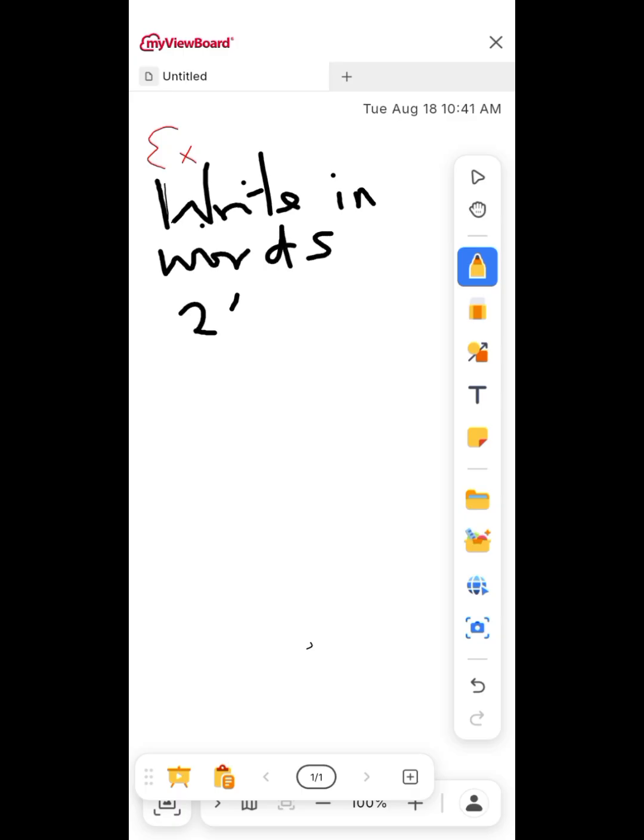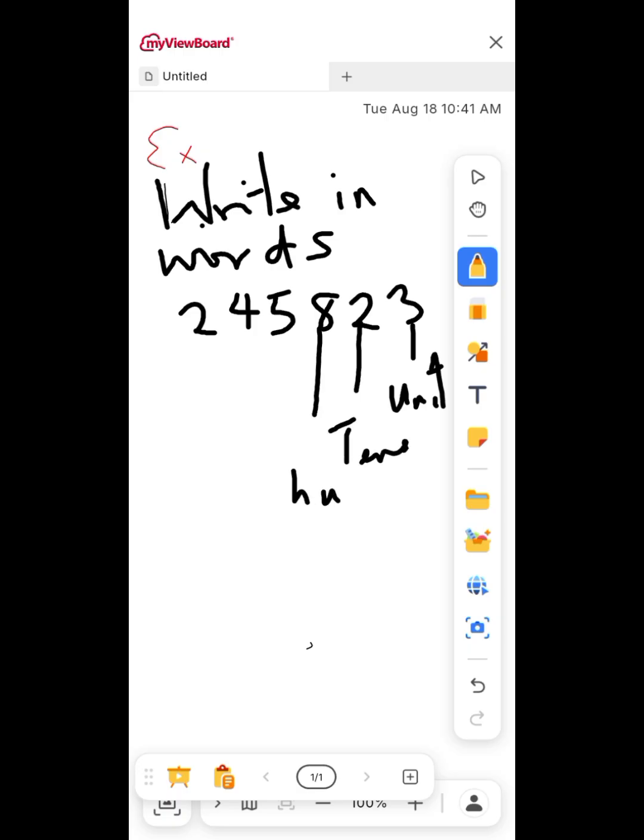Let's see this: 245,823. Like I told you, the trick to writing all of these properly is to put place values. The first one is our unit, followed by tens, hundreds, thousands, tens of thousands, and hundreds of thousands.